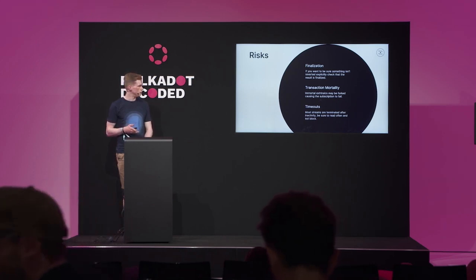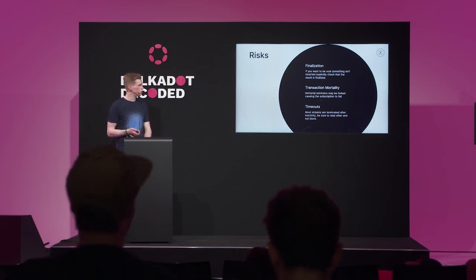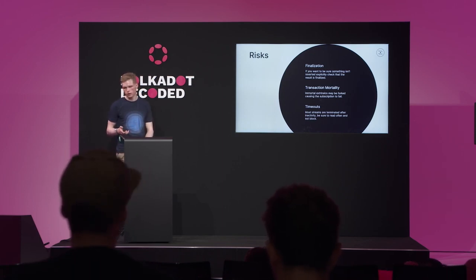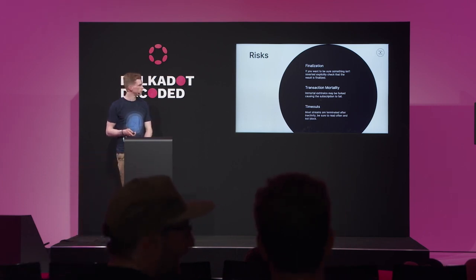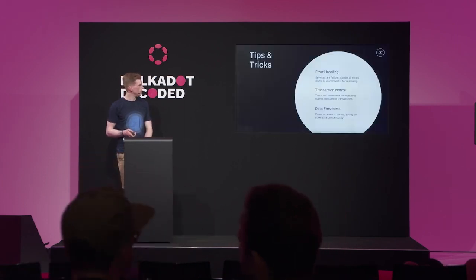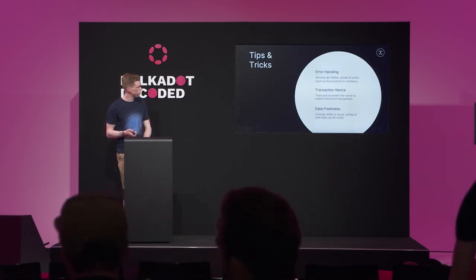So it's worth making sure that these aren't blocked in any way, and that you can continue polling and running your logic against them. This also refers to timeouts in general, and making sure that you don't retry too early. These are some tips and tricks that we've come across.